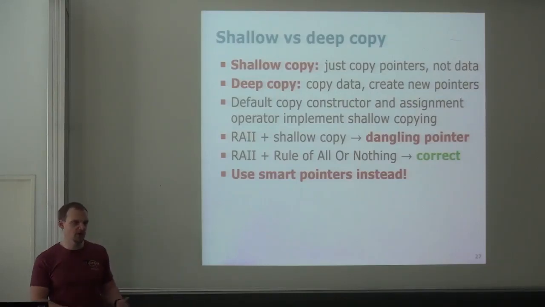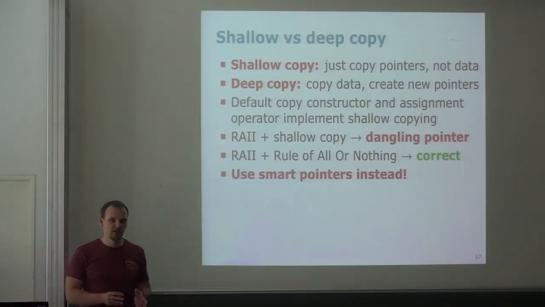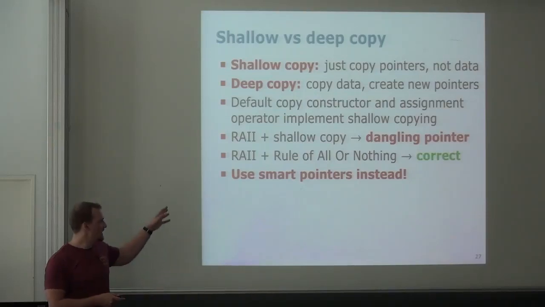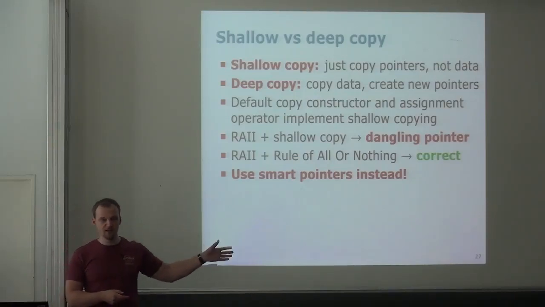The default copy constructor can only implement shallow copy because it doesn't know about anything apart from it. So when you're using RAII and shallow copy, you get a dangling pointer.